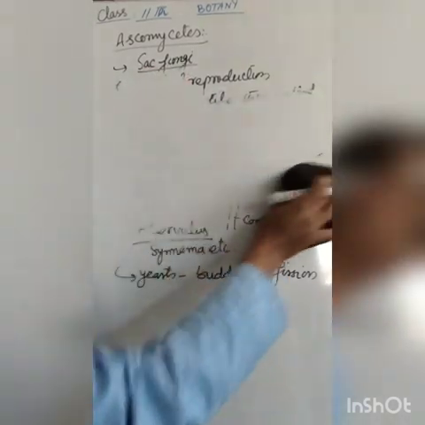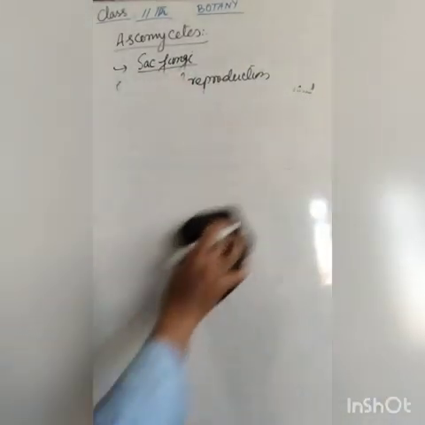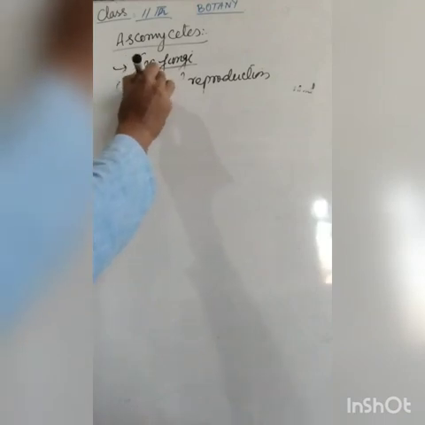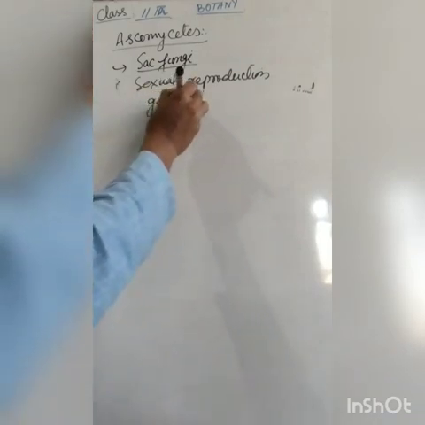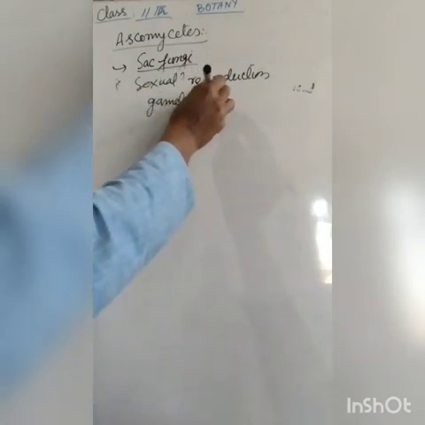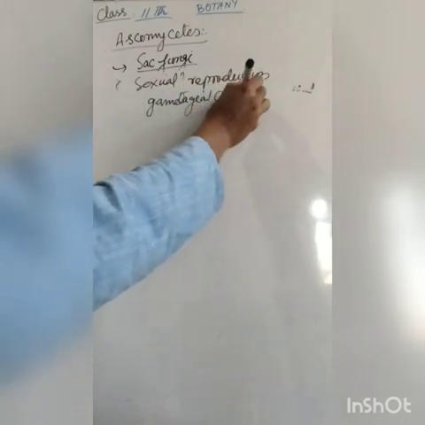Sexual reproduction occurs by the fusion of somatic cells, or by gametangial contact.